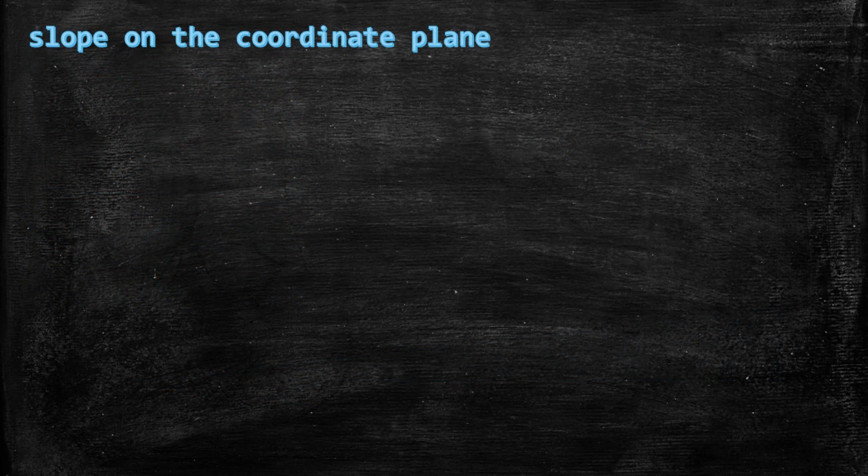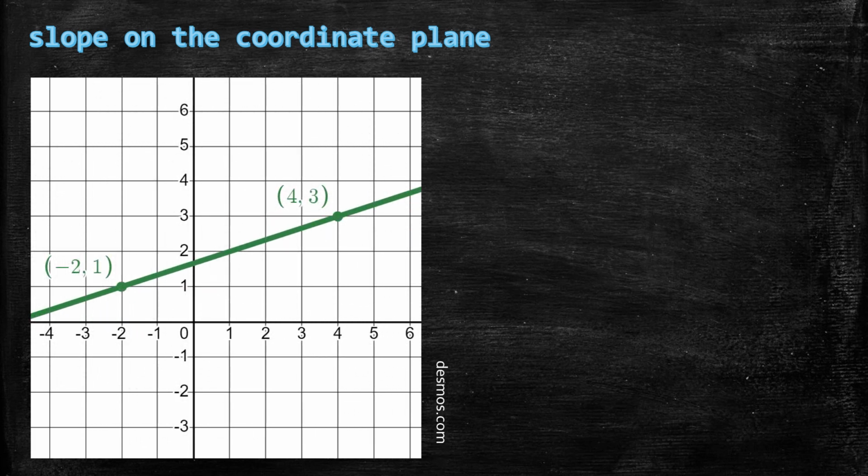Now, in an Algebra 1 course, where you're really going to meet slope most of the time is on the coordinate plane. What we're usually talking about is the slope of a line. You can consider this like a hill, the slope of the hill.